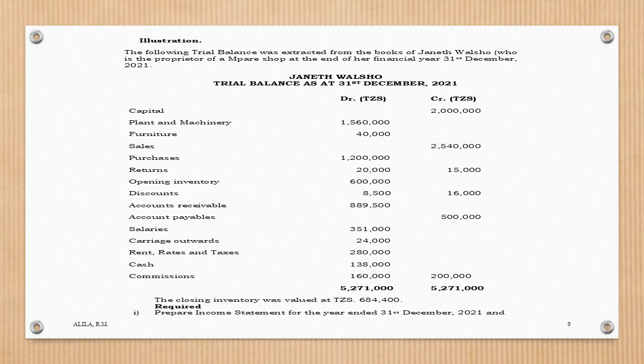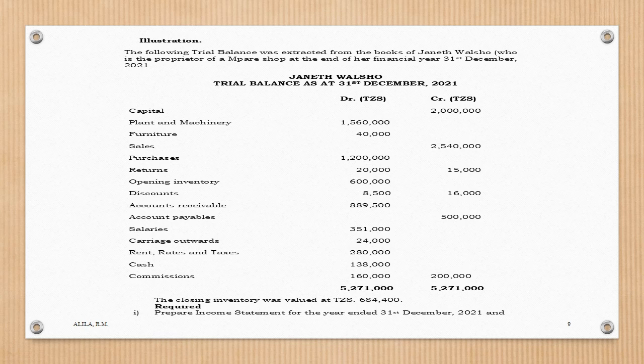Opening inventory, this is a real account, but a real account is an item not to go to the income statement, but it goes to the income statement because we want to calculate the cost of goods sold. So it is only because we want to calculate the cost of goods sold that this item appears on an income statement. But discounts, these are nominal and they go directly to the income statement.